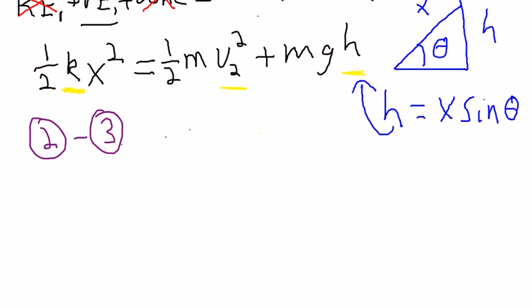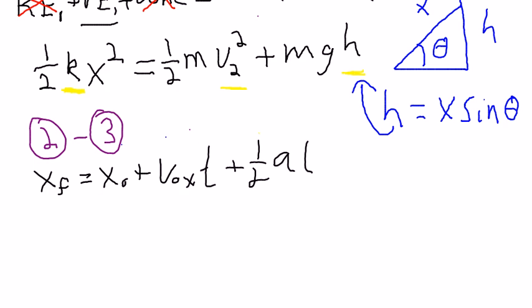So I'm going to go ahead and use one of our equations of motion. If we recall back, we know that our final x position is equal to our initial x position plus the initial velocity in the x direction times time plus 1/2 our acceleration times time squared. This is a good and easy equation to use because we know that our initial position we're going to define as 0, so that goes away, and we know that our acceleration in the x direction is also 0, so that goes away.